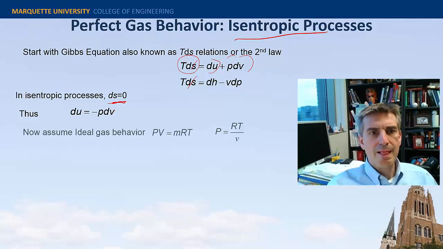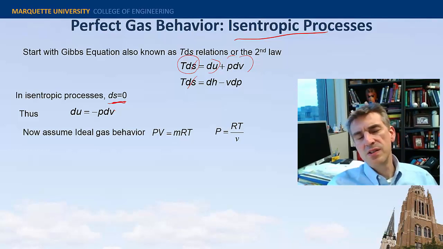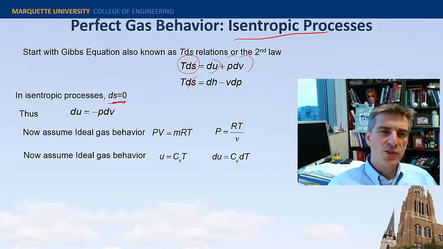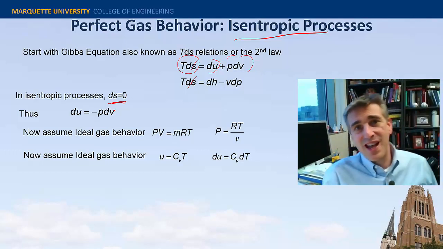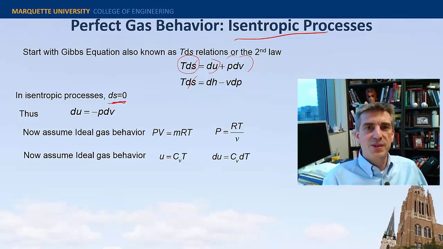All right, so if we now insert the ideal gas relationships, you get PV equals mRT, or P equals RT over specific volume. And then we're also going to make the perfect gas assumption. The perfect gas assumption is one better than ideal gas, right?